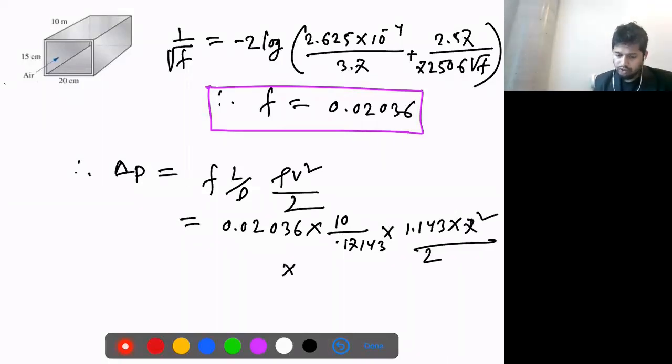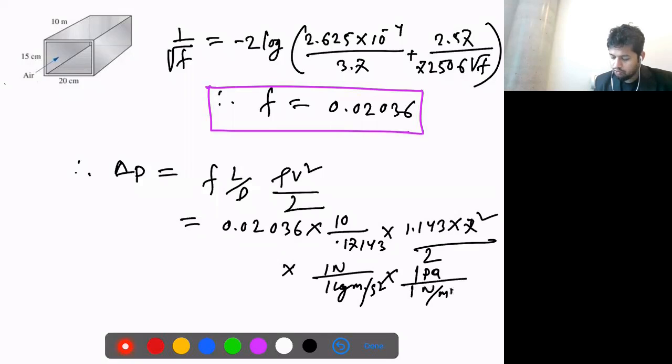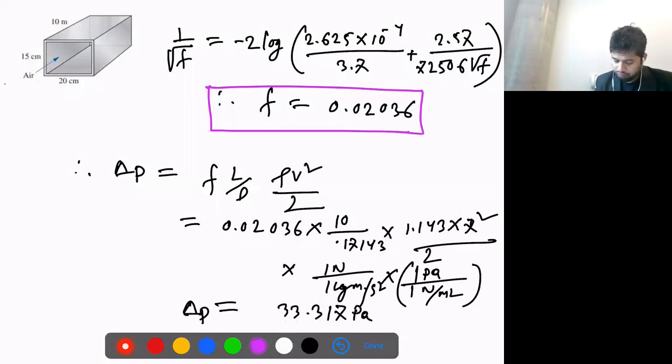So we need to convert the units. 1 Newton equals 1 kg meter per second squared, and 1 Pascal equals 1 Newton per meter squared. And we'll get 33.317 Pascal for delta P. This is actually the solution of this problem.